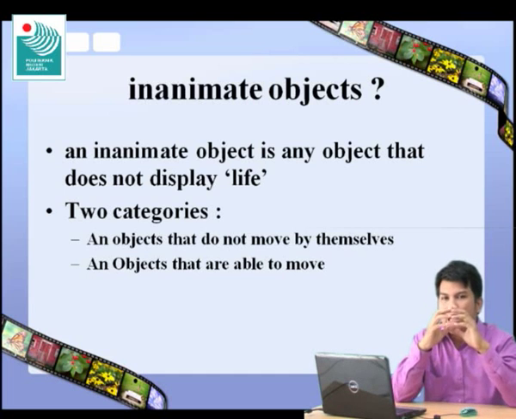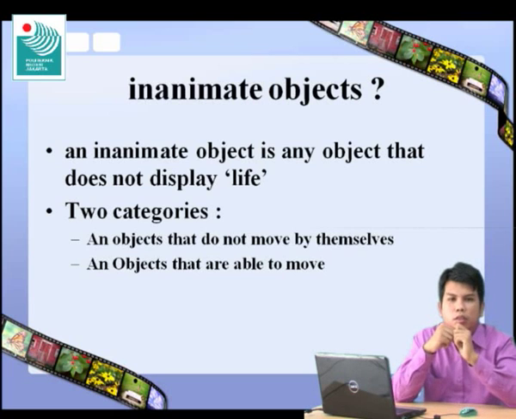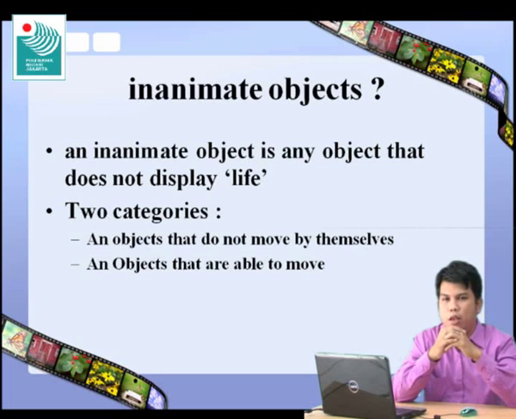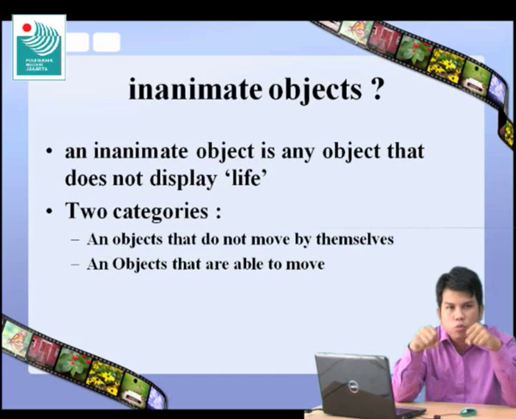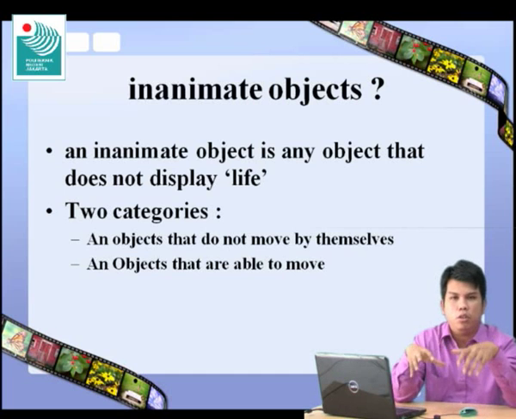We have two categories of it. The first are objects that do not move by themselves. You have to drop it, push it, pull it, or propel it by an individual.